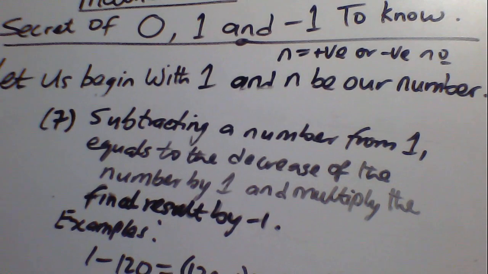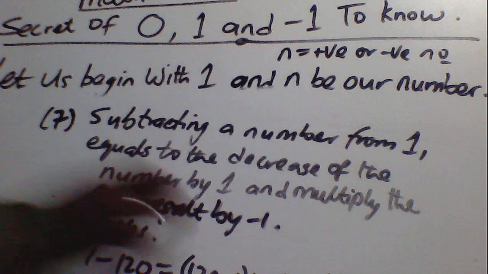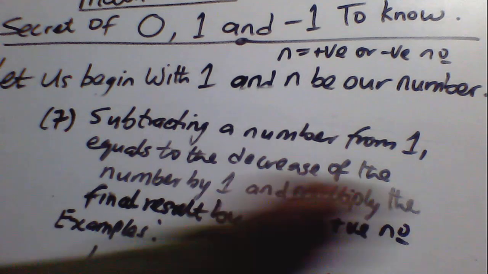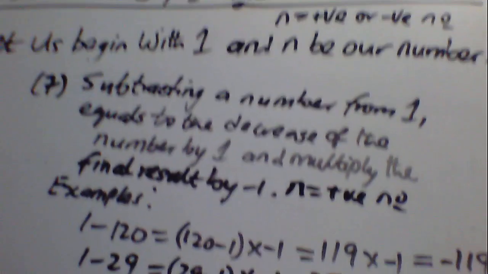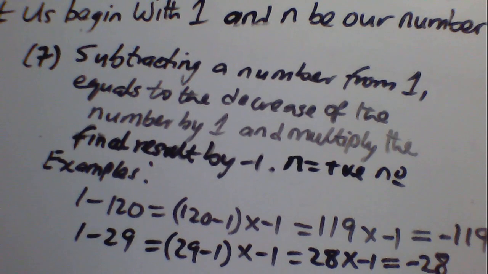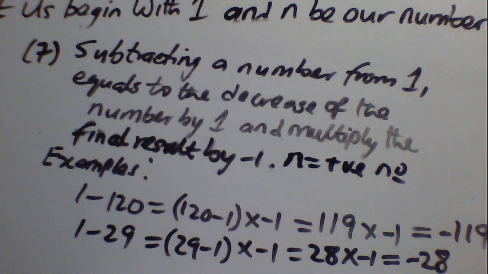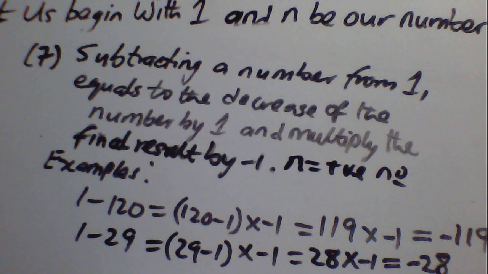So the last thing you have to know pertaining to 1: this is true when the n we treated is a positive number. If n is a positive number, this is true. So subtracting n, which is positive, from 1, the result equals the decrease of the number by 1 and multiply the final result by minus 1.